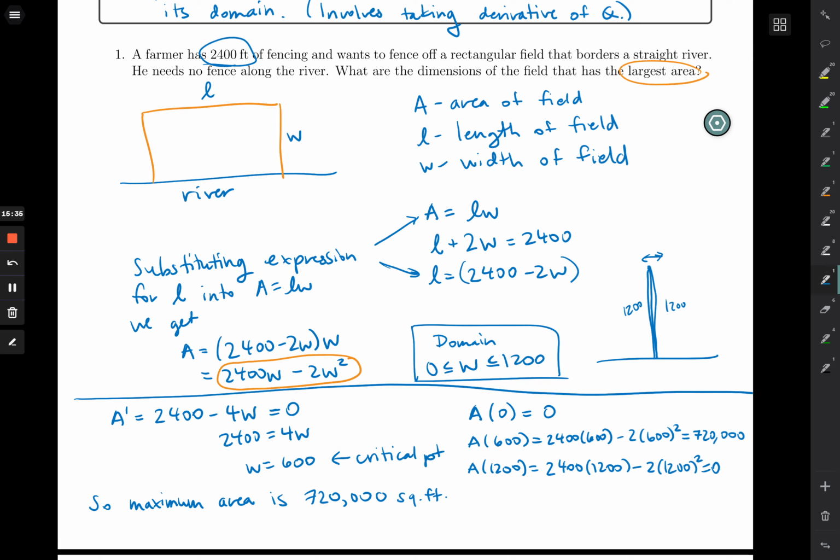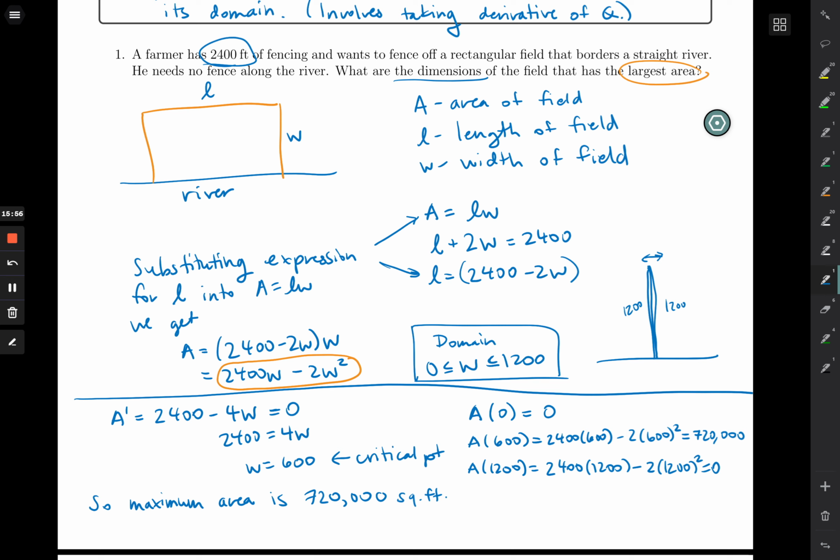Okay, now if we want to truly answer this question, it does ask what are the dimensions of the field that has the largest area. So we have found the maximum area. The dimensions are just asking for the length and the width of the field.